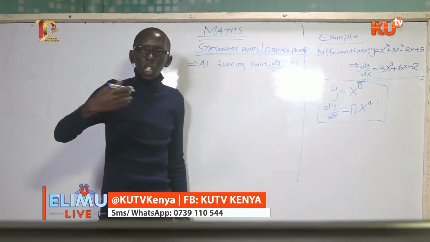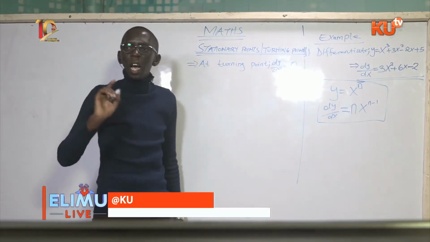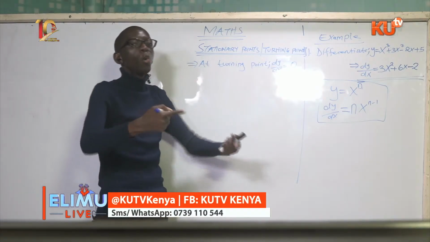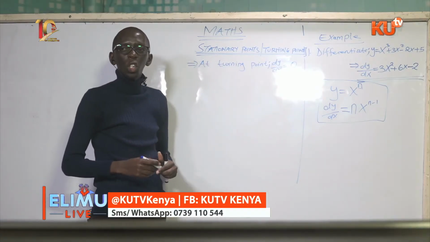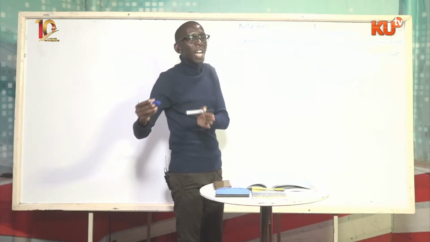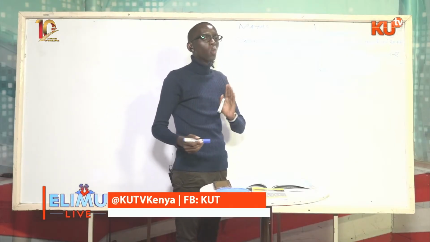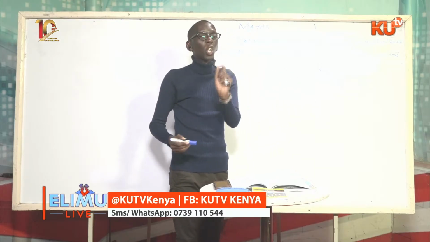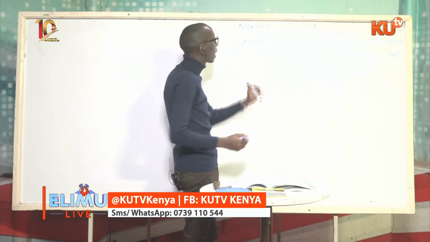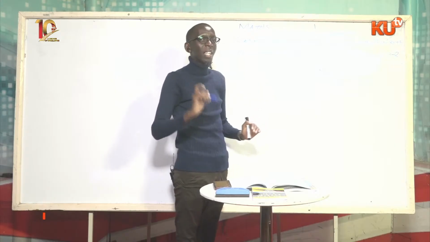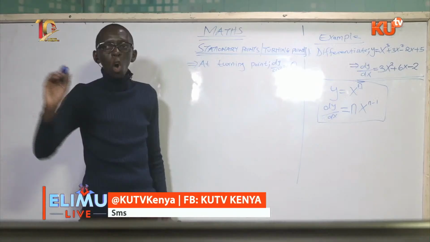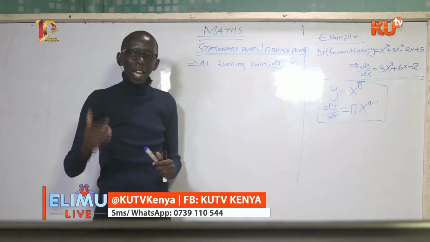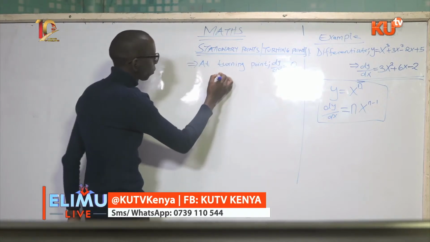So if you are told to get the stationary point or the turning point of an equation, you differentiate that equation and equate the derivative to 0. That is what we call getting the turning point or getting the stationary point. At stationary point, dy over dx, that is the derivative or the gradient function, is equal to 0. Let us have an example.